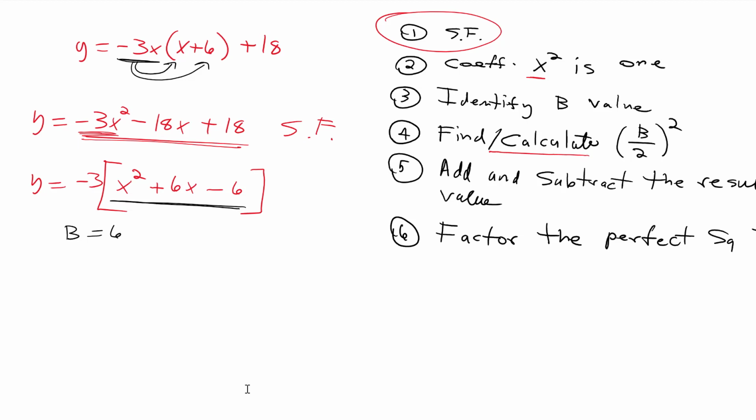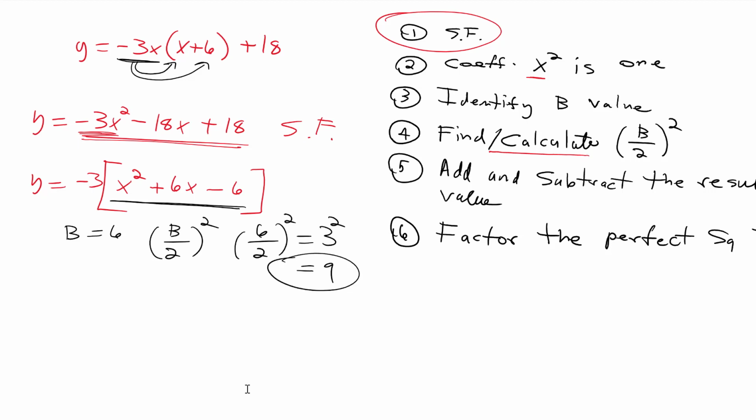Now that we know the b-value, we have to calculate b divided by 2 quantity squared. So 6 divided by 2 squared is 3 squared, which is equal to 9. The next step is to add and subtract 9. So let's do that.